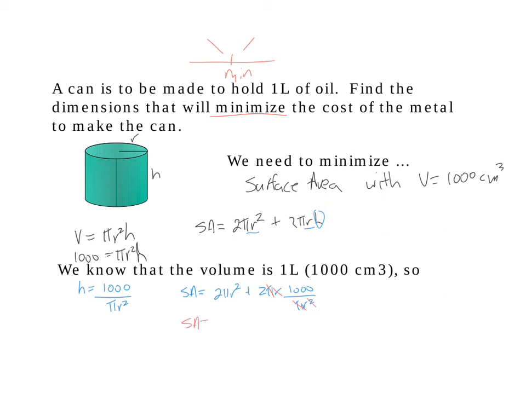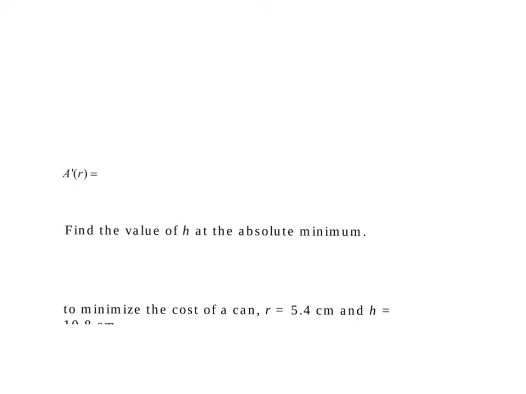So that'll simplify things quite nice. We get 2 pi r squared, and the second part would just be 2,000 divided by r. So that should be our formula that we need to do the derivative on. So once you've substituted and eliminated one of the variables, we should be good.